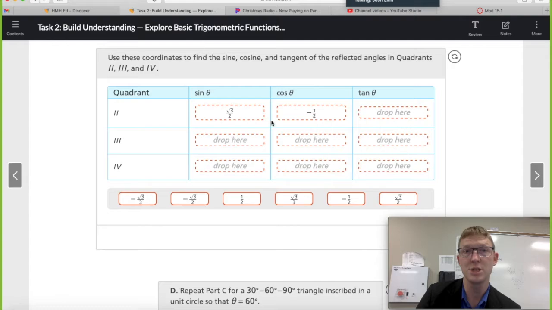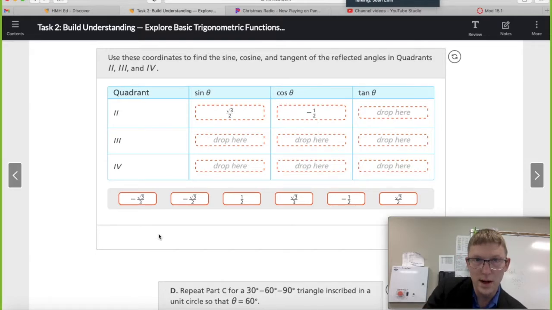And then our tangent is x divided by y, right? Because that will get us opposite over adjacent. So in this case, that's going to be a negative square root of 3. Maybe, maybe not. Okay, I'll do it.